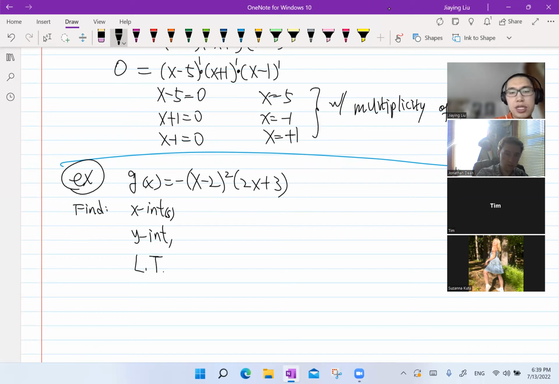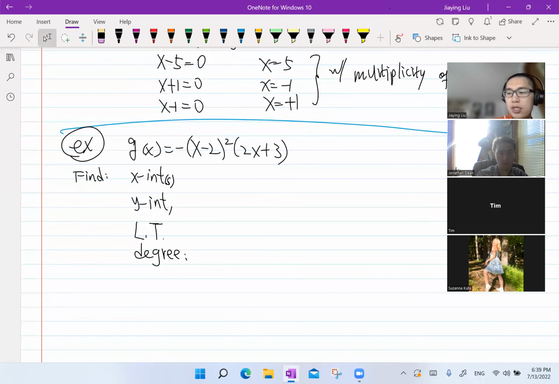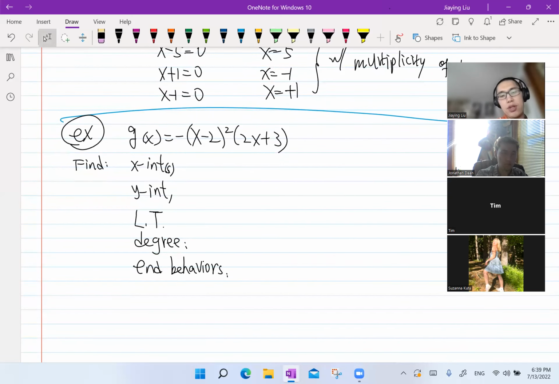LT means leading term, and we need to find the degree of this function. Then we're going to find the end behavior of this function: as x goes to infinity, how the function behaves, and as x goes to negative infinity, how it behaves. And then we're going to graph it.